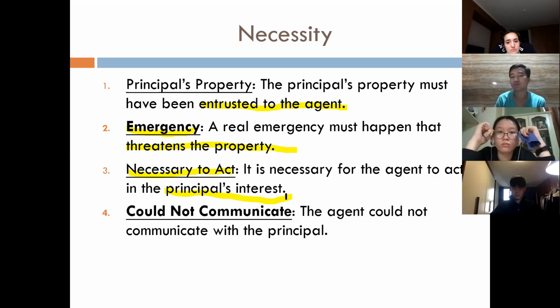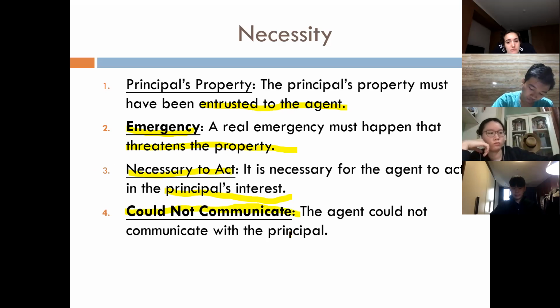If you don't act, I mean, Carlotta, you don't have to do anything. I'll lose all of the paint. I won't make any money. And this is really critical, you could not communicate with the principal and you tried. Right? Because if there was all this water damage and you sold the paint and then you WeChatted me and I just immediately answered and said, don't sell the paint.